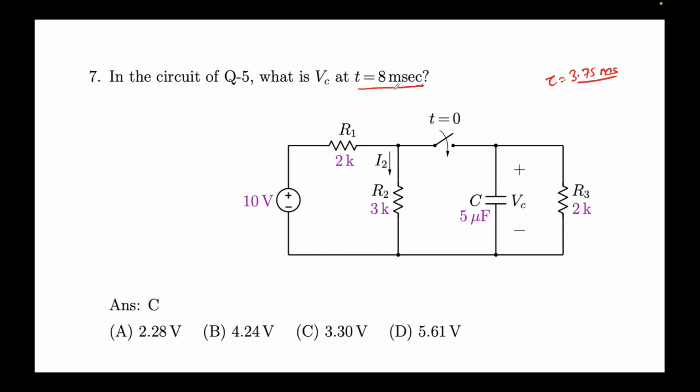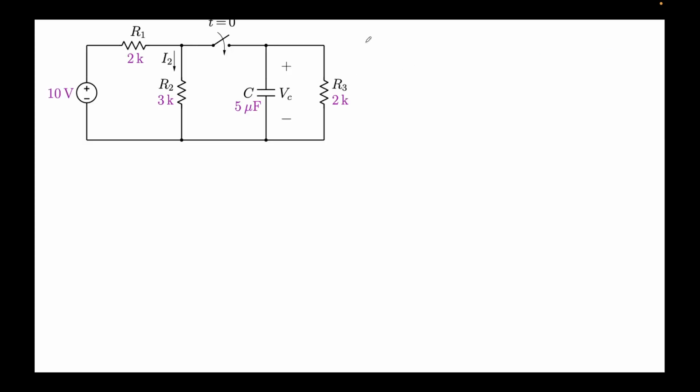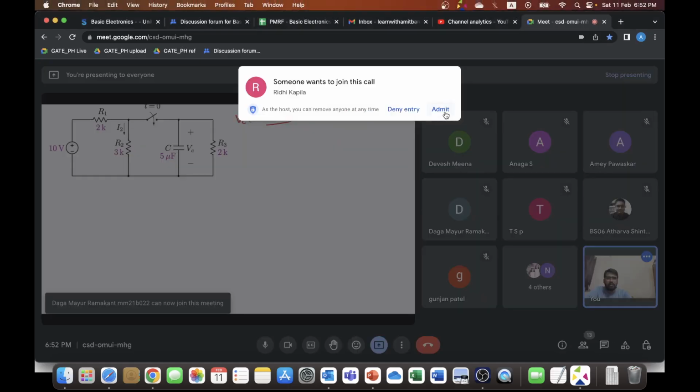So now the required time is t equal to 8 milliseconds, and we are required to find the value of Vc, where tau is 3.75 milliseconds, that has already been given to us.